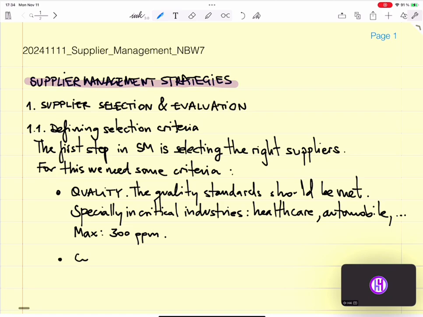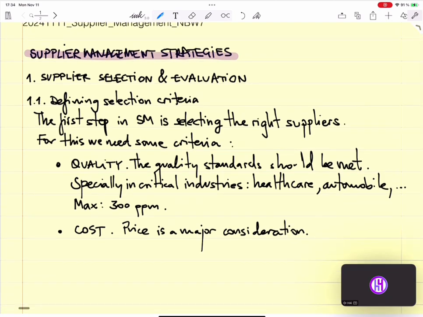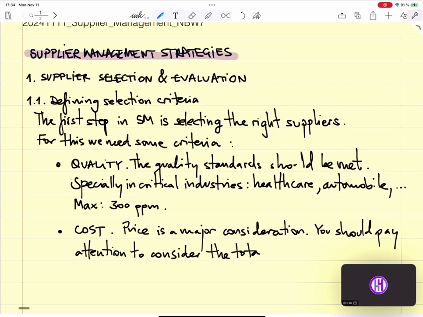So cost, price is of course a major consideration. Here you should pay attention to consider the total cost of supply.